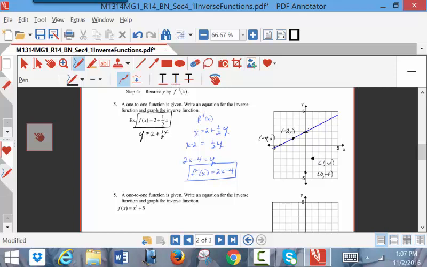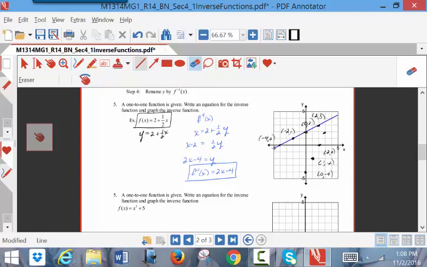If this is the point 0, 2, the inverse will go through the point 2, 0. If this is another point, I'm just looking at the ones that I can name, 2, 3, then the inverse will go through 3, 2.